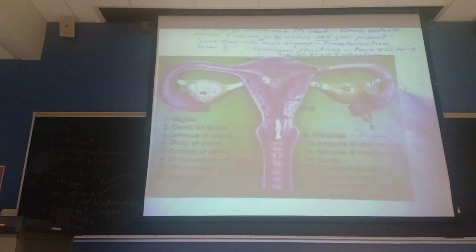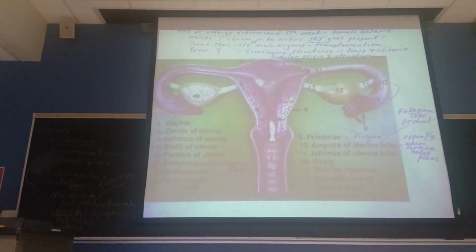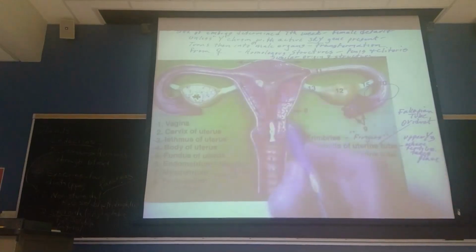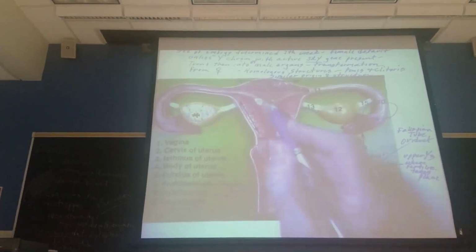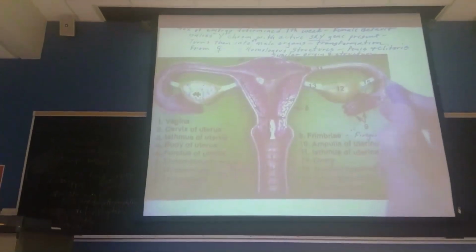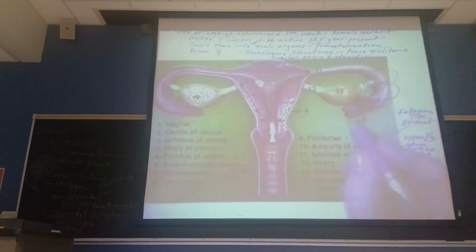Fertilization occurs right about here, the upper 1/3 of the oviduct. If the sperm and the egg are going to meet, they're going to meet there in order to do what they're supposed to do. Then you'll have the traveling down here and implantation. This is the uterus. You have the endometrium on the inside. This is the actual opening of the uterus right here. So fertilization does not occur in here. Fertilization needs to occur somewhere up in here, the upper 1/3.